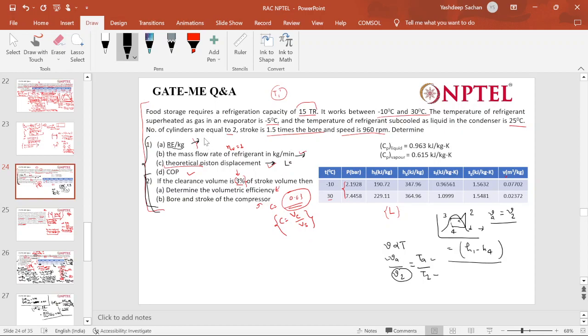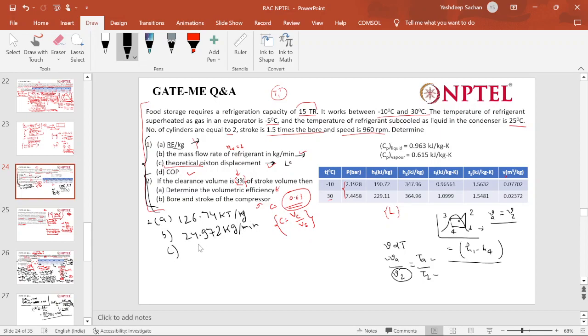So for the refrigeration effect per kg, here I'm writing the answer. If the answer is not matching, then in the next class we can solve it. 126.74 kilojoule per kg, and the mass flow rate of refrigerant per minute, the second answer, will be 24.9972 kilogram per minute.